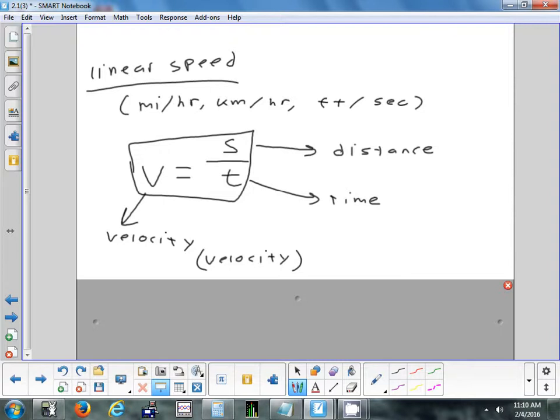So for example, if you drove, say, 200 miles, and it took you 4 hours to do that, that means you were traveling an average of 50 miles per hour. 200 miles divided by 4 hours, and your speed is 50 miles per hour. Any question on that formula?